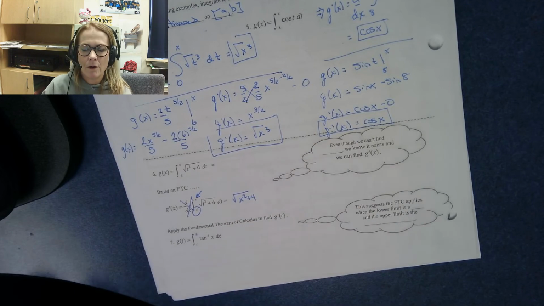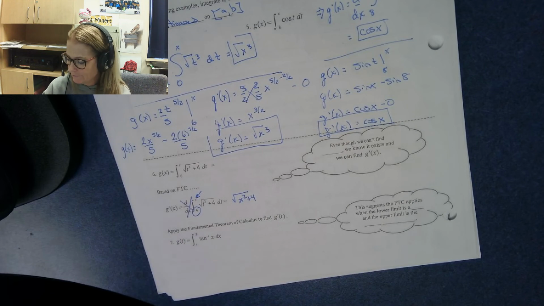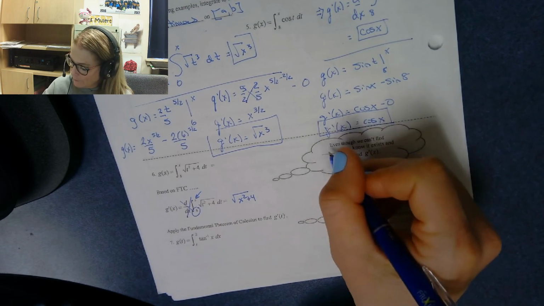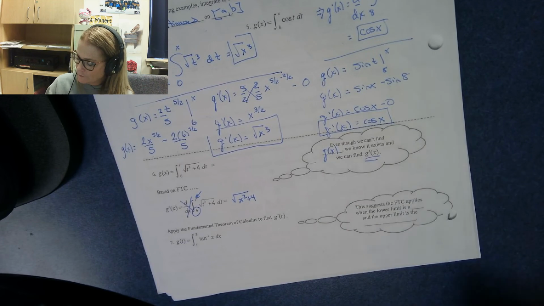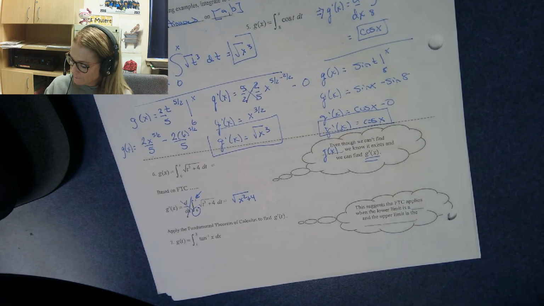You might be thrown a problem that looks really complicated and try to do all this crazy stuff you don't know how to do yet, and then you get your quiz or test back and you think, oh my goodness, I could have just used the FTC. So even though we don't know how to find that antiderivative, we can find the derivative due to the fact that they're inverses.